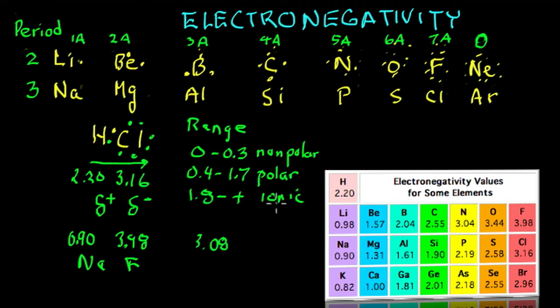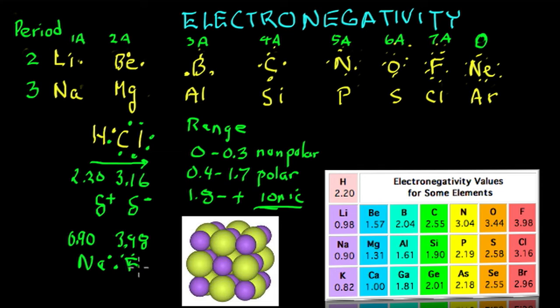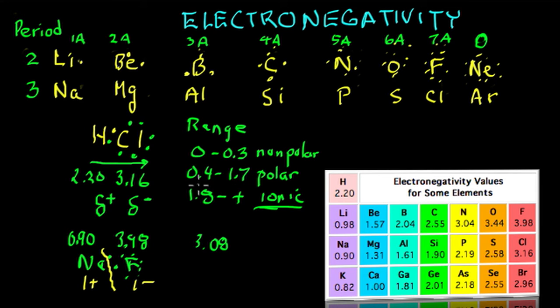And so sodium fluoride, one electron from sodium and 7 from fluorine, they're completely ionic. Sodium completely loses the electron, becomes a 1 plus ion. Fluorine becomes a 1 minus. Notice here I use the partial sign. That means partial charge. This is a complete charge, 1 plus and 1 minus.